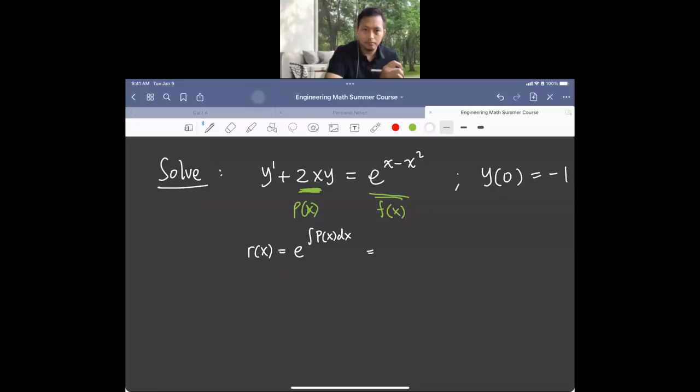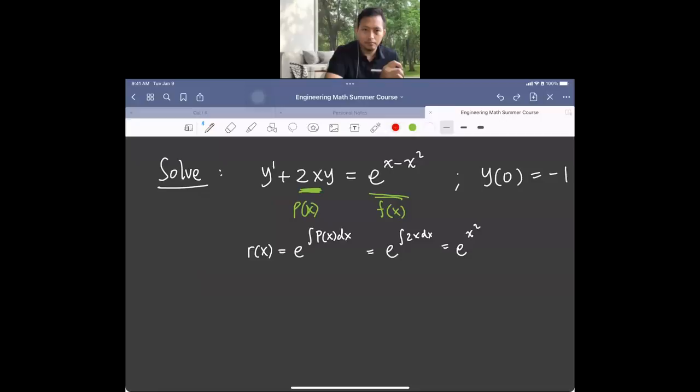We always start from here: we take 2x dx, and the integration results in e to the power of x squared, right? Don't forget there's no need to add a constant here, because it's useless; at the end the constant will be gone.